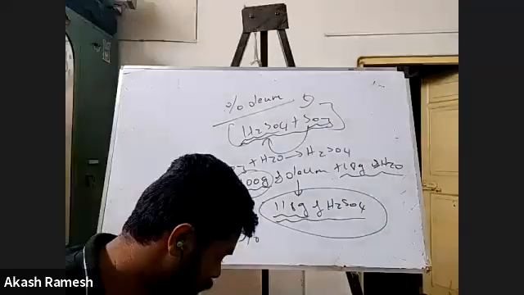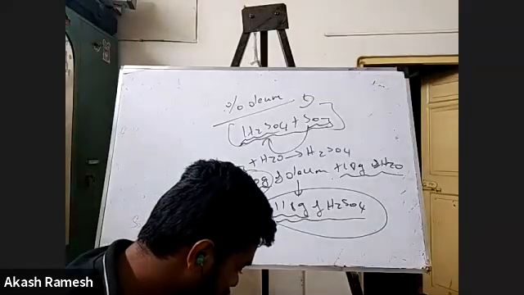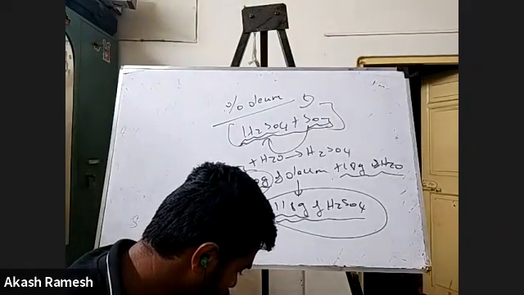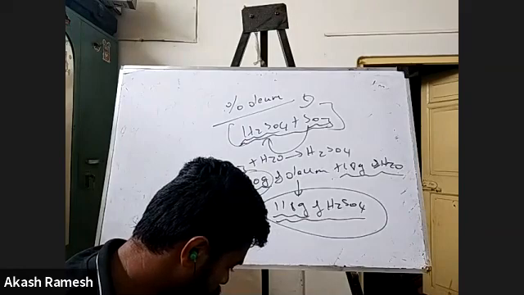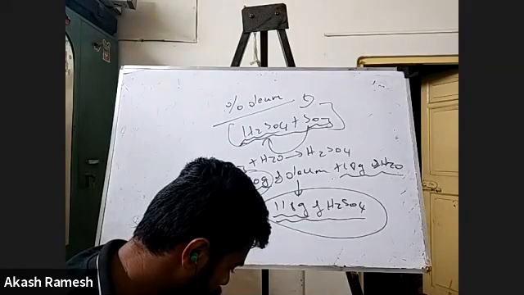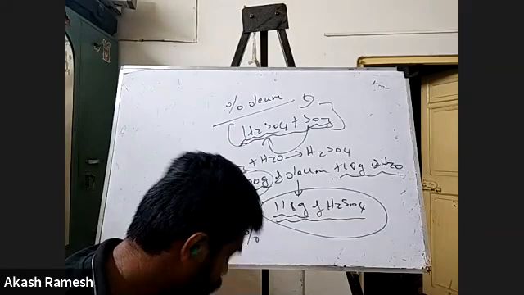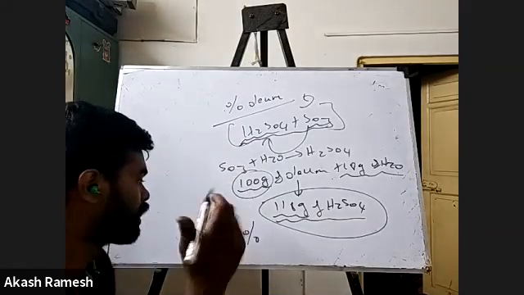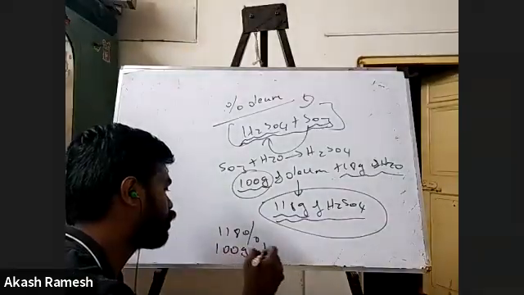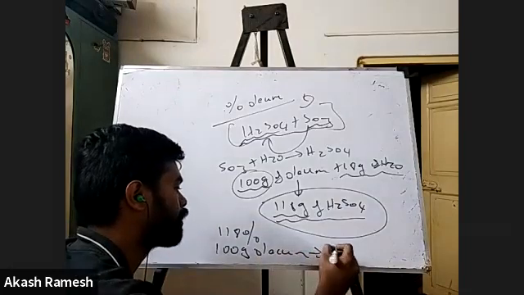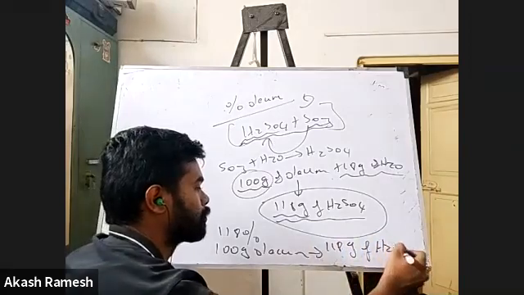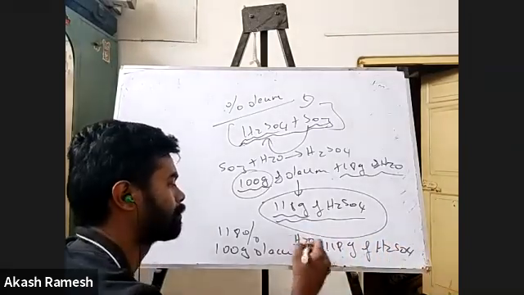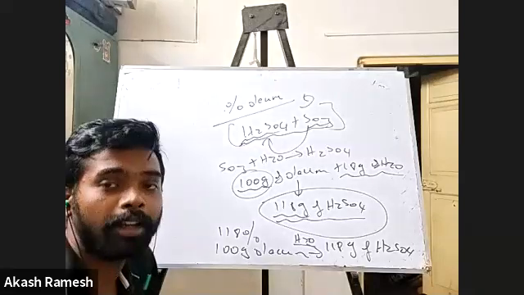So what this means is, if I had 100 grams of oleum, I would have gotten 118 grams of H2SO4 by adding some amount of water.